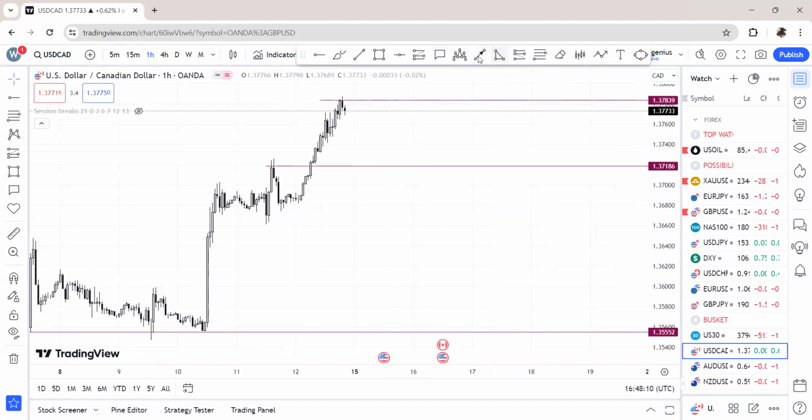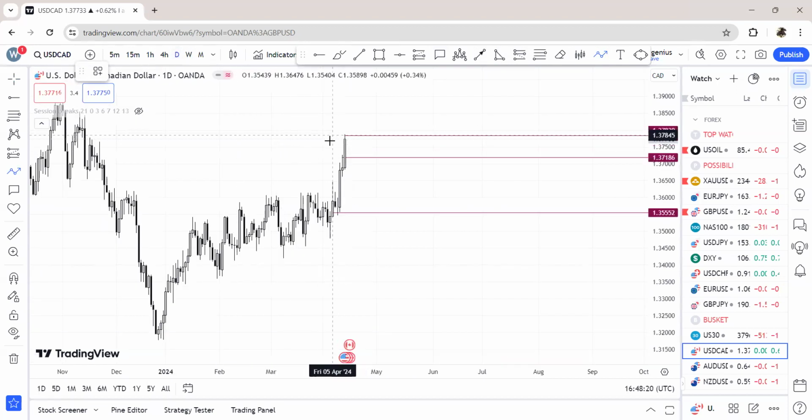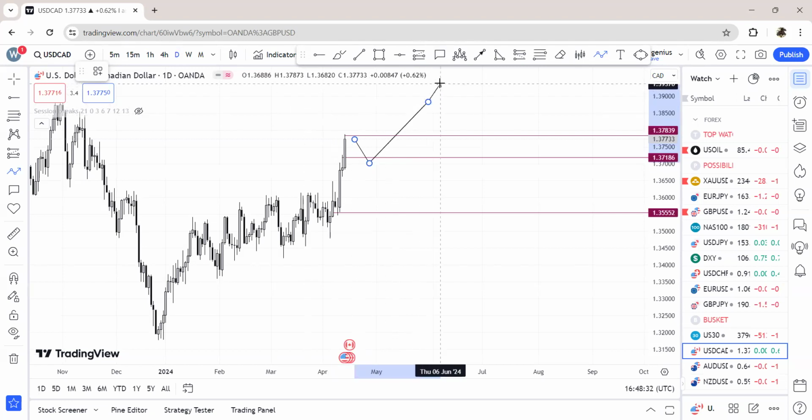So now my thought process is this. Since I've said the market is likely to retrace on the D1, we saw that the upwards move, this one, can't be sustained. It has to retrace back, probably somewhere around that level, and continue going up, since overall the trend is to the upside.